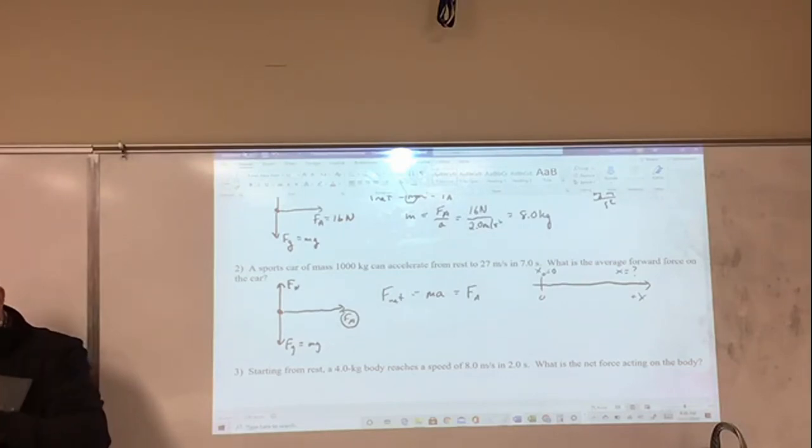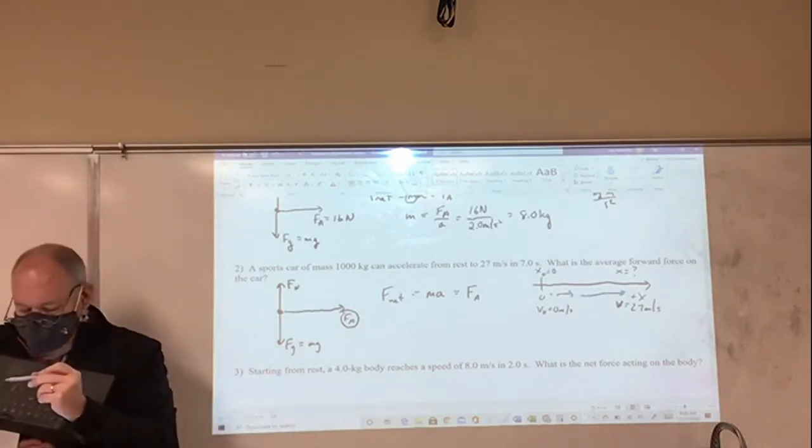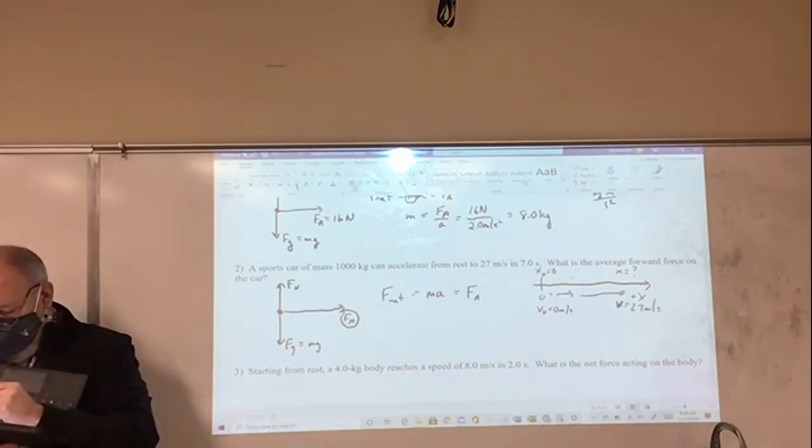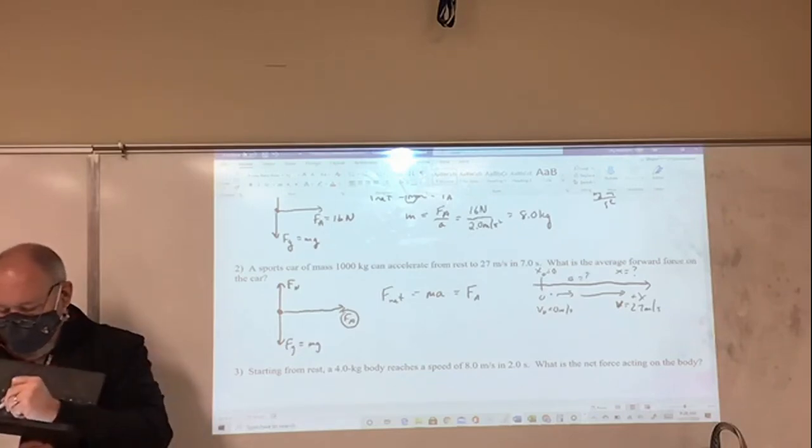And then my initial velocity, v0 equals 0 meters per second, and my final velocity is v equals 27 meters per second. So I know that I do this. And I also want to find my acceleration. I don't know what that is.